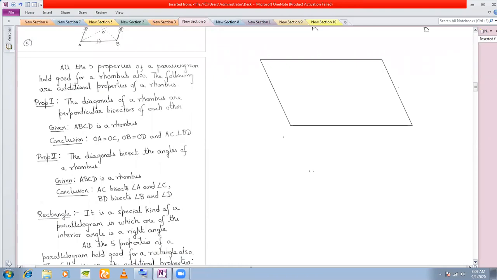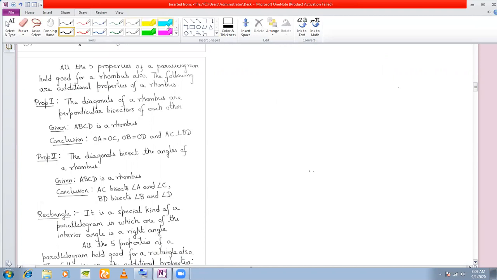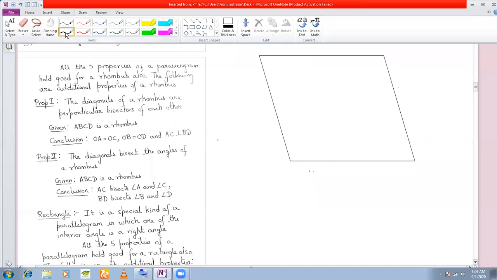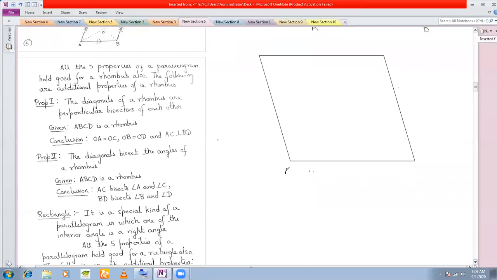Okay, so suppose this is your parallelogram, and let's call it ABCD.